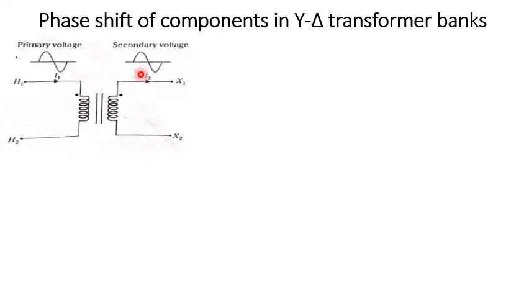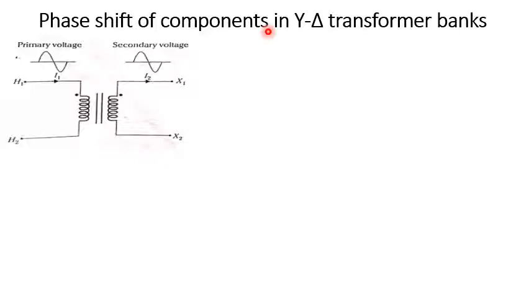From this what we can understand is that the primary and the secondary currents are either in phase or 180 degrees out of phase, depending upon the assumed positive direction for the flow of the current.